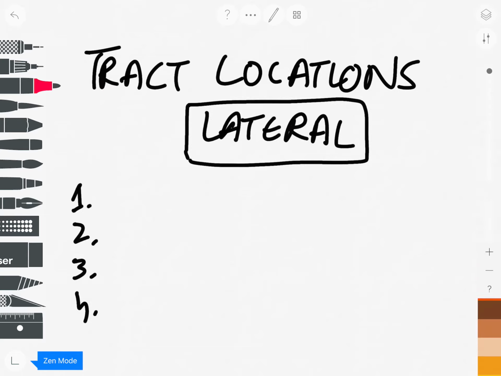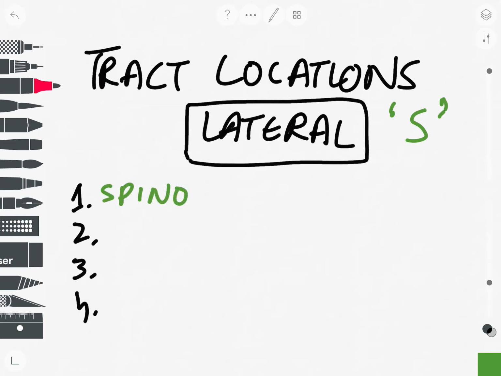And luckily for us, there's an easy way to remember this as well. Remember the sensory I mentioned in the lateral nuclei? Well, you can link that to this: S for sensory and S for lateral tract. Okay, so with the lateral tract, let's start with the spinocerebellar tract, and it's in the name.